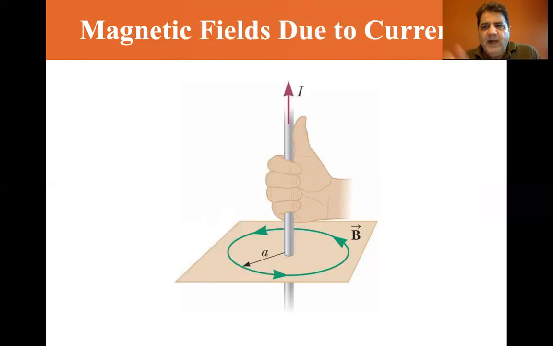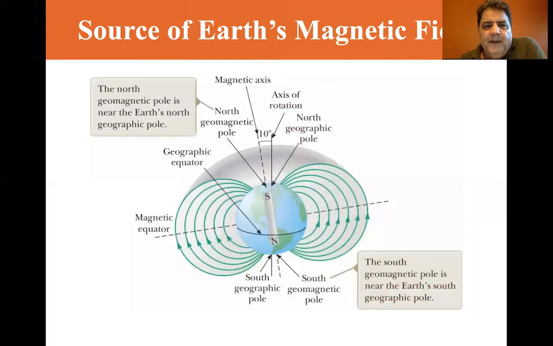This is another right-hand rule that we're going to learn, but it's an easy one. It just shows you the direction of the magnetic field. As a current goes through this wire, you can imagine a bunch of little magnetic field lines going around the wire.